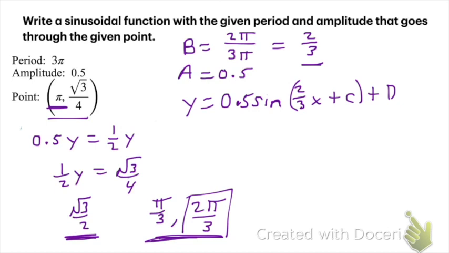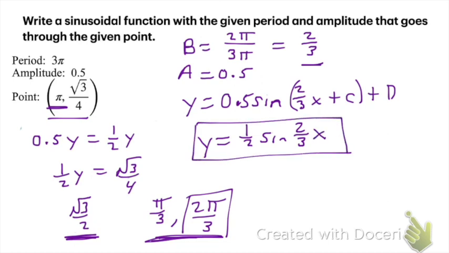So without having to do any shifting or anything like that, our equation is, I'm going to rewrite this as 1/2 sine of 2/3 x. This is my function. With this period, this amplitude, and this point, if we plugged it into this equation, we would have that point with what we have as our A and our B. We didn't do any shifting.